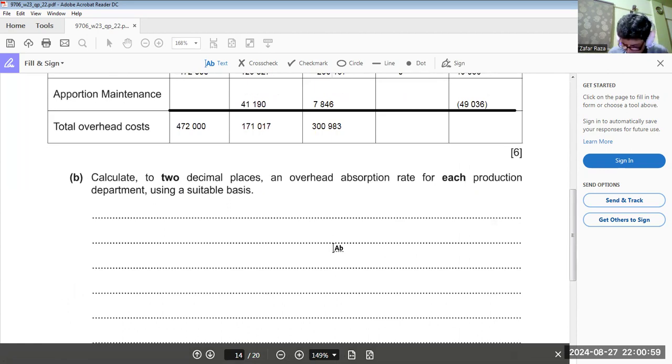Now we have to calculate the overhead absorption rate for each production department using a suitable basis. For machining department, total overhead cost is 171,017.